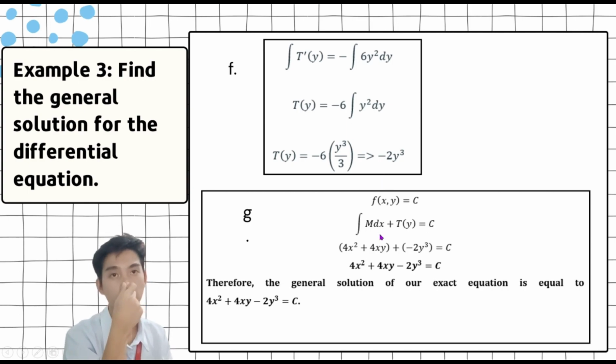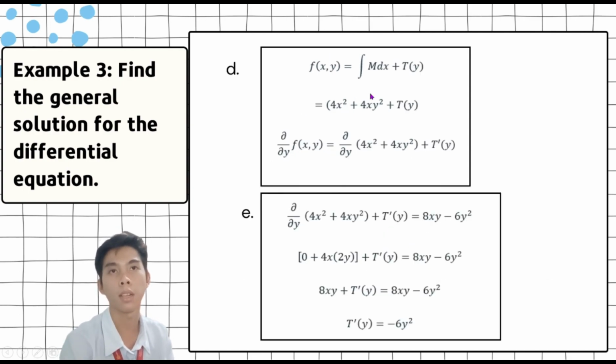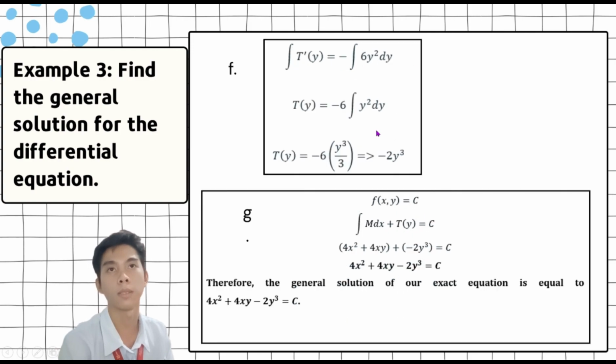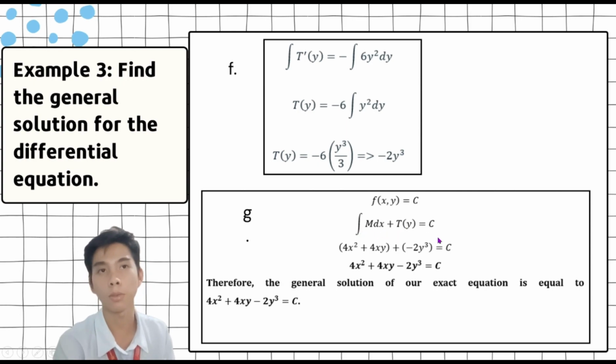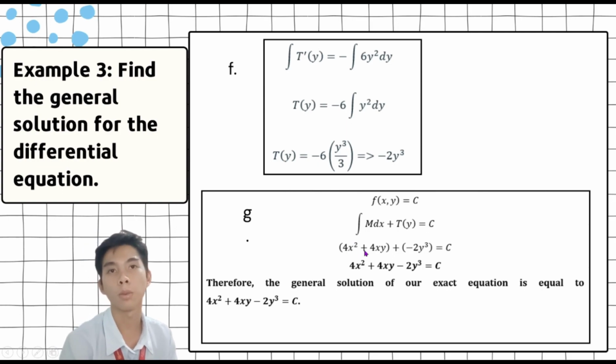So for our last step, we simply substitute the value of our t of y into our partial equation. So f of xy is equal to c. Therefore, the integral of M dx plus t of y is equal to c, which is 4x squared plus 4xy plus negative 2y cubed equals c, or written as 4x squared plus 4xy minus 2y cubed equals c.